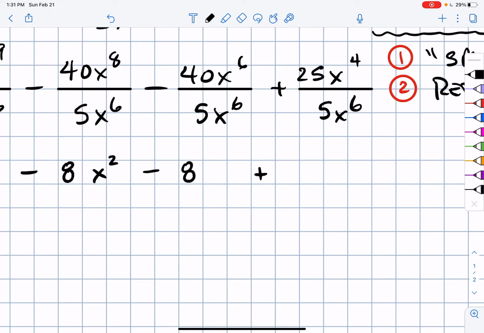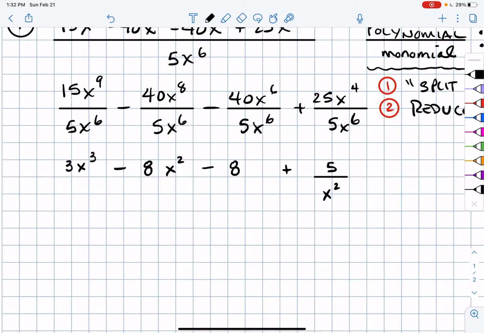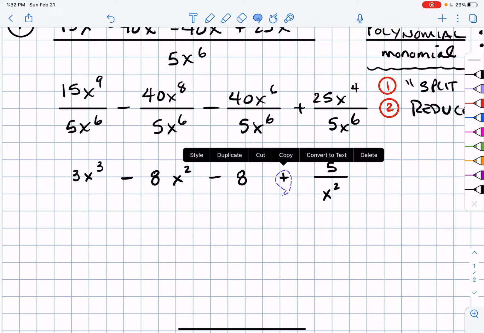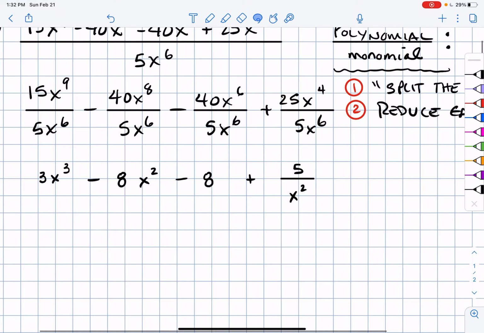I have 25 divided by 5, which is going to be a 5. 4 x's on top, 6 x's on the bottom. 4 of them go away, and I have an x squared on the bottom. So that would be my answer right there, and that is going to be choice C.